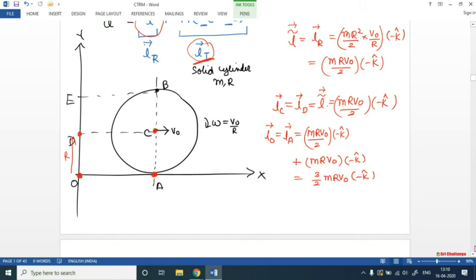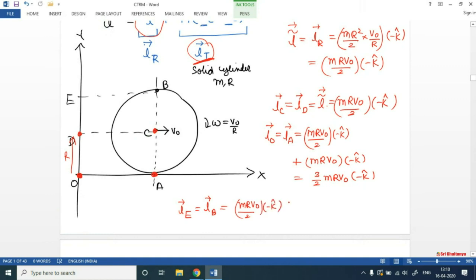Similarly, we can say the angular momentum about E and about B are going to be same, and that would be equal to L tilde, which is again mrv naught by 2 minus k cap.